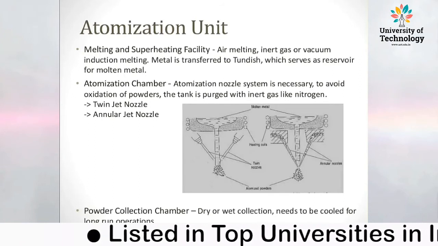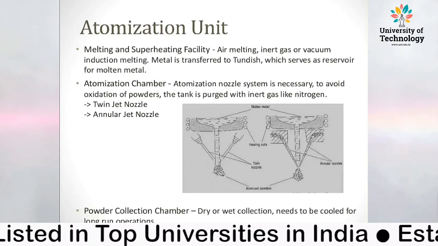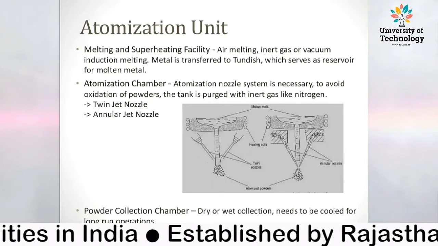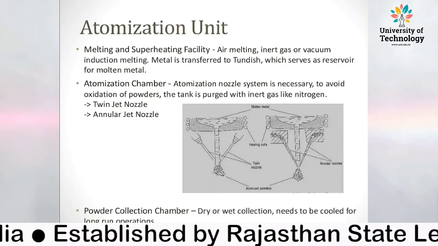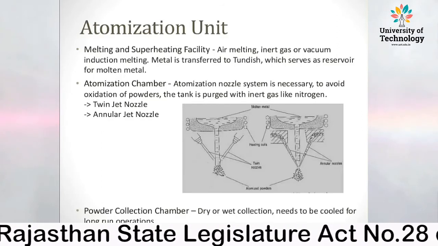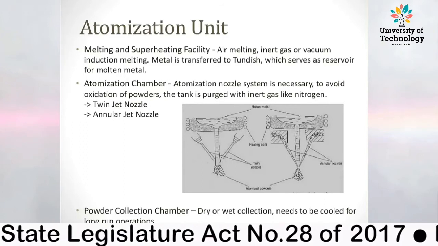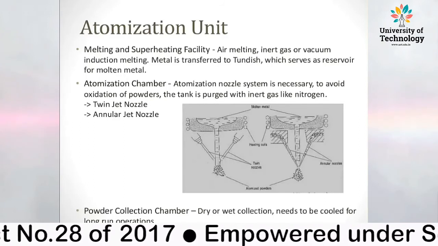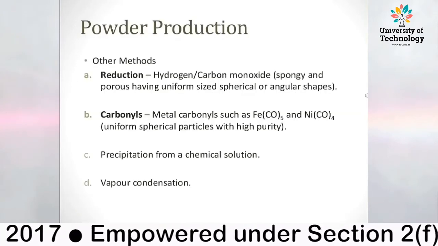The tank is filled with inert gas like nitrogen, used for the twin jet nozzle and annular jet nozzle. The powder collection chamber has dry or wet collection, and needs to be cooled for long run operations.